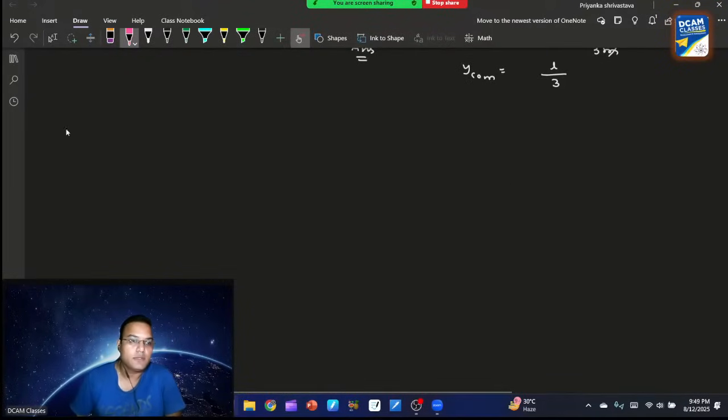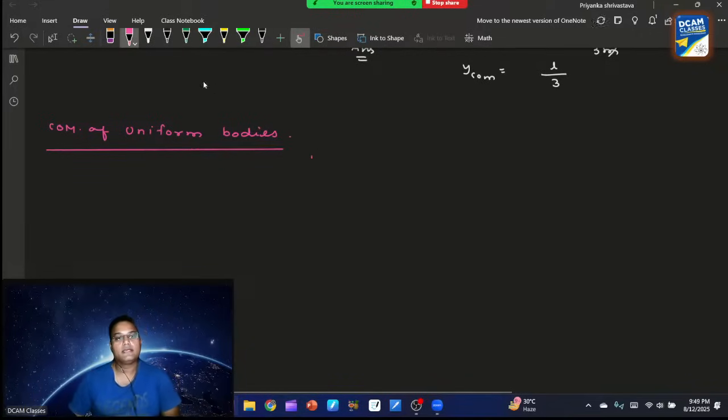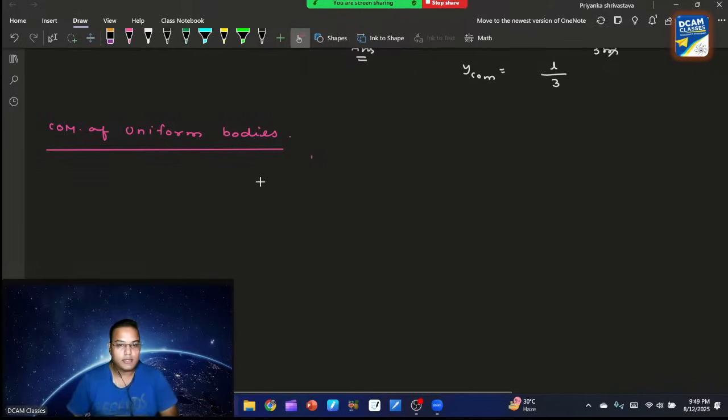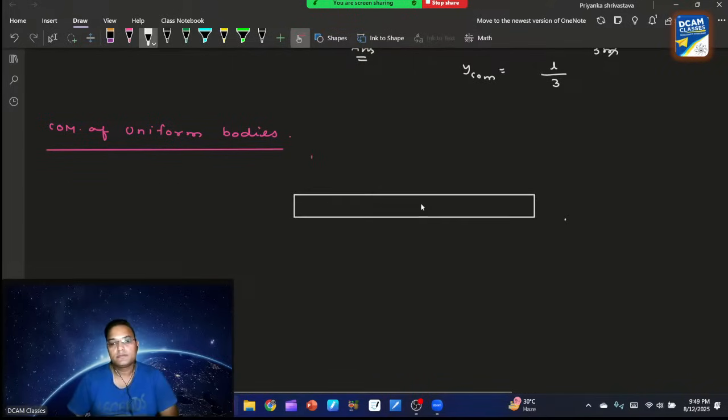Center of mass of the uniform bodies. See, what I mean by uniform bodies, suppose I have a mass. Uniform bodies means mass is uniformly distributed.